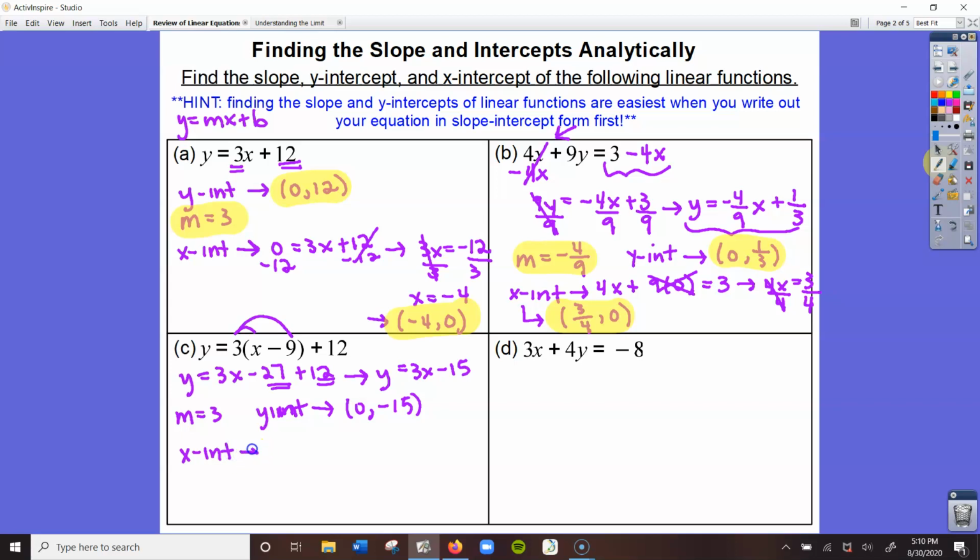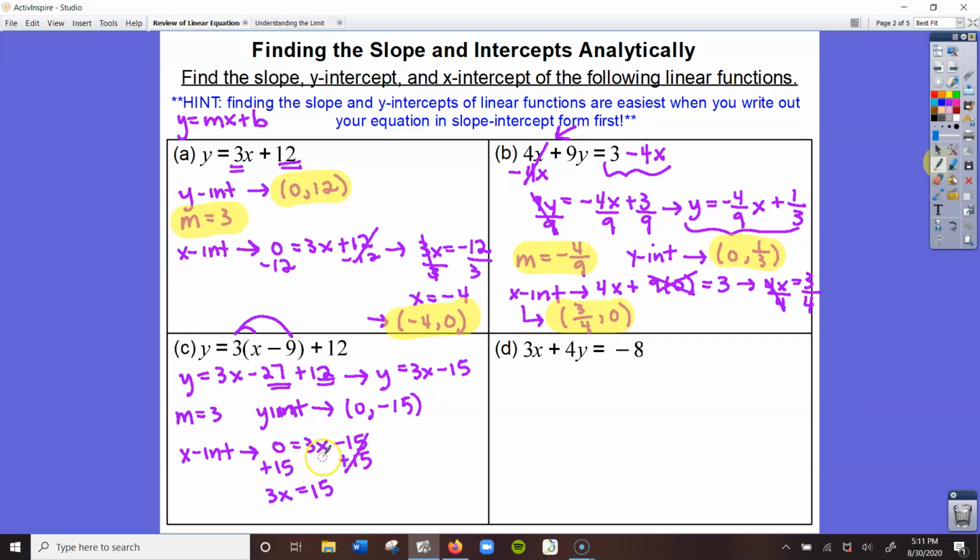Now to find the x-intercept, you're going to go ahead and plug in that y is equal to 0. So we would do 0 is equal to 3x minus 15. And now we're going to solve for x. So I'm going to add the 15 over, and we get 3x is equal to 15.